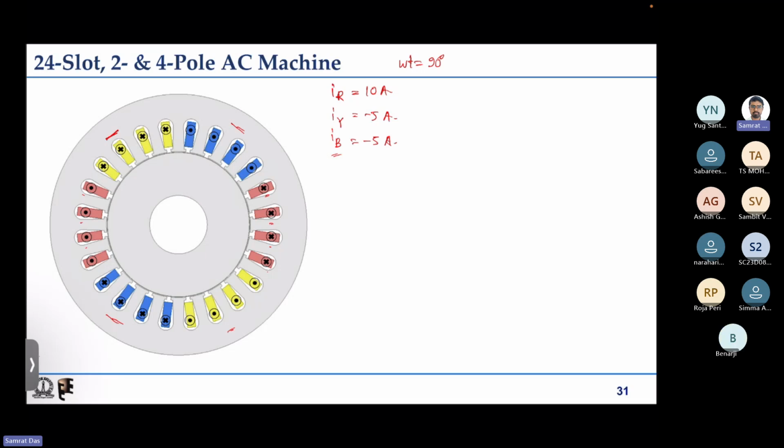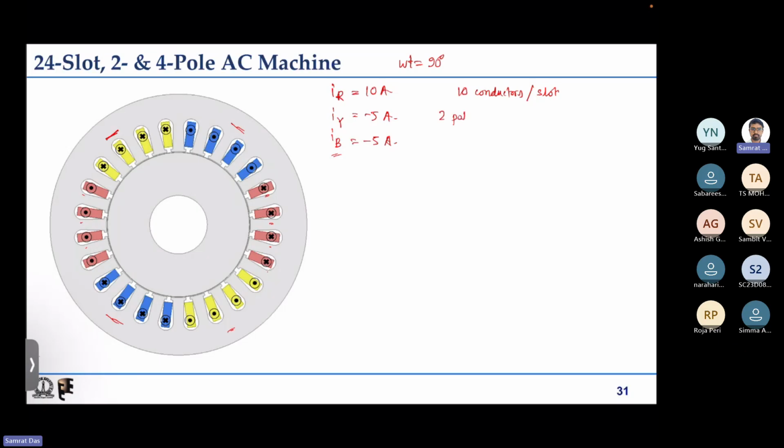Let us consider that in every slot there are 10 conductors per slot. For this case, it is a two pole machine and the number of slots is 24.